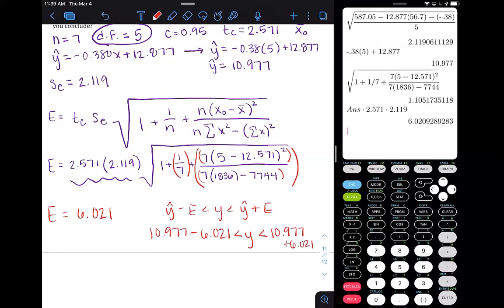Which gives us 4.956 less than y, which is less than 16.998.